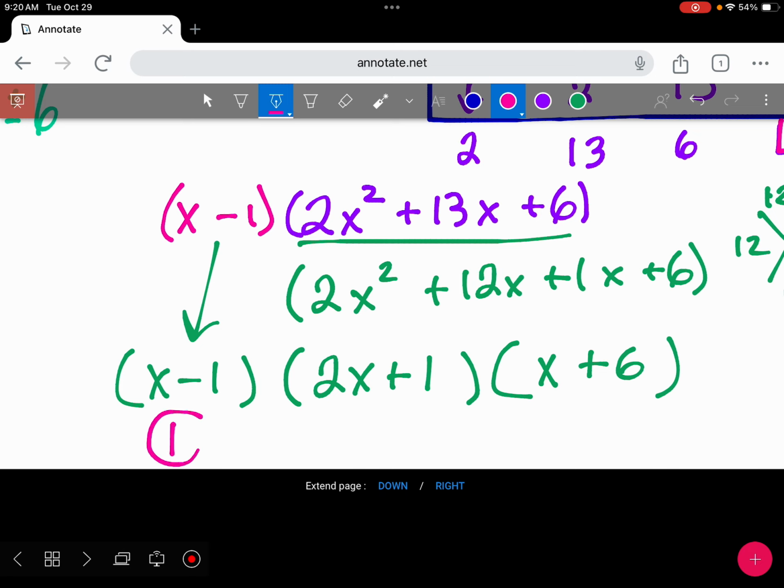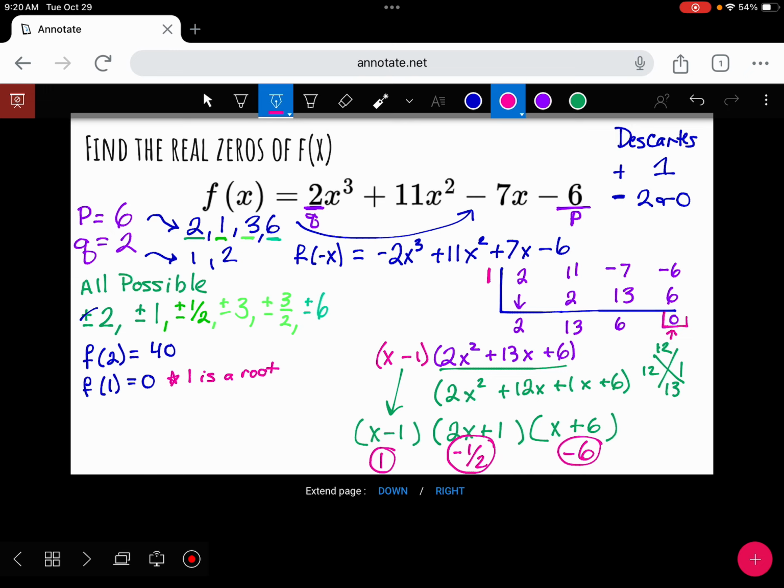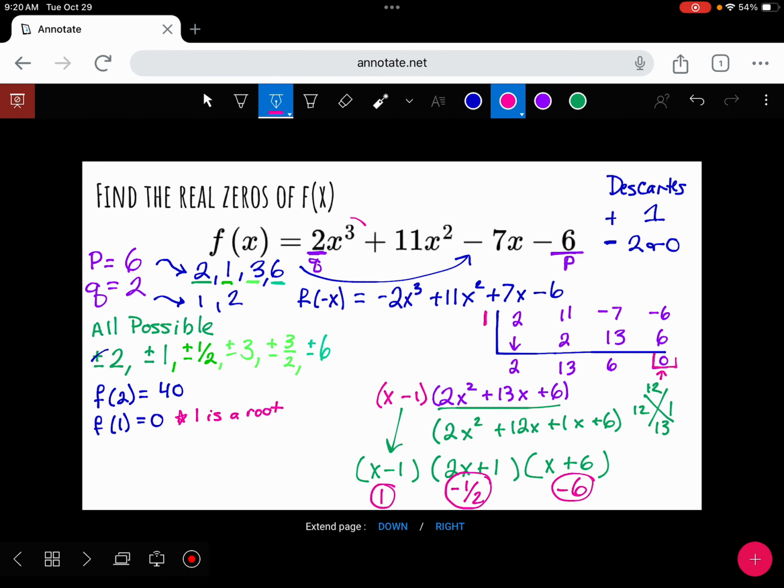Negative 1 is from this piece, negative 6. Negative 6 and negative 1/2. So we have our 2 negative real roots and our 1 positive real root. Because it's a degree of 3, we needed to have our 3 roots. That's nice.